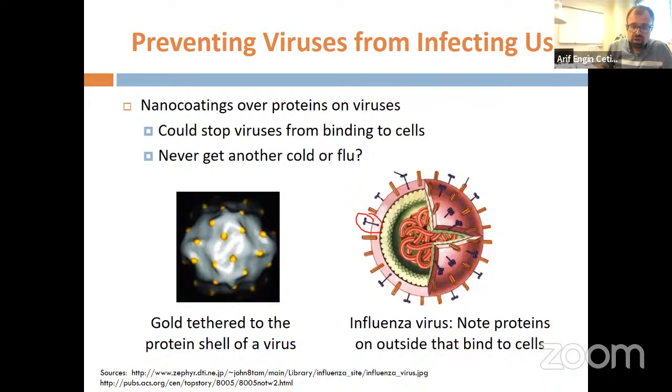Here, as you see in the slide, we can prevent viruses from infecting humans by coating the proteins on the virus. You could stop viruses binding to cells. So actually, this is preventing.